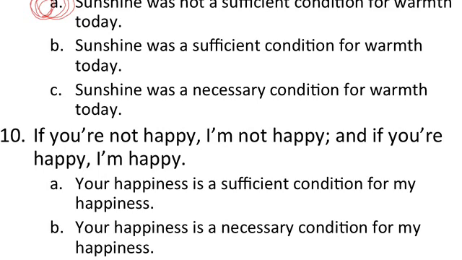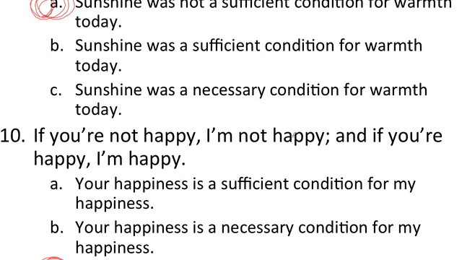If you're not happy, I'm not happy, and if you're happy, I'm happy. Here we have a way of saying that your happiness is both necessary and sufficient as conditions for my happiness, right?